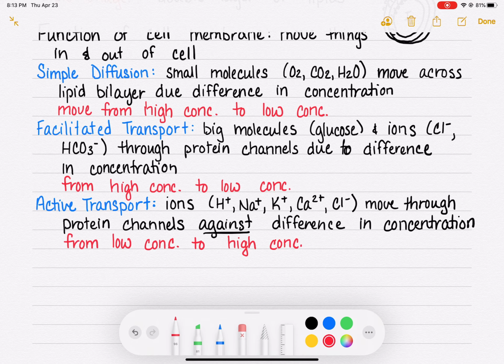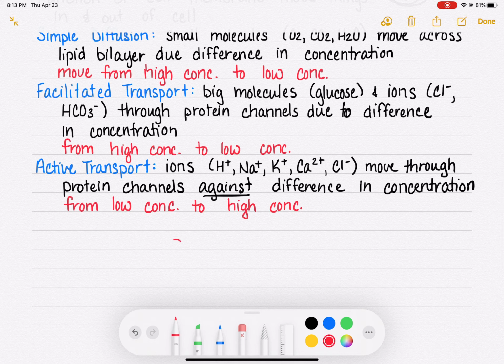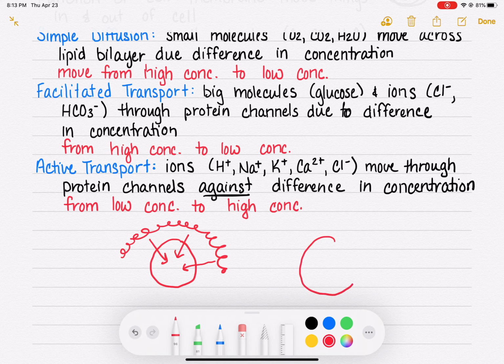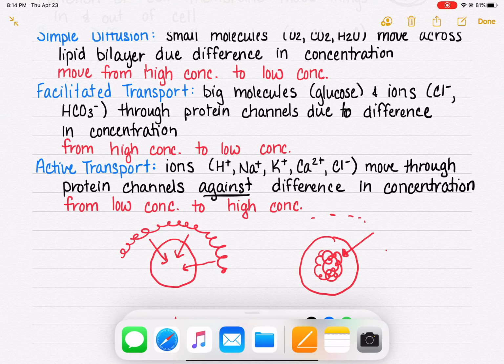With facilitated transport, typically that situation is where we've got a buildup of stuff outside the cell, and we're moving stuff into the cell just to kind of equalize the concentrations in and out. With active transport, we have a buildup of stuff inside the cell, let's say sodium ions, but biologically or metabolically, we need more sodium ions to come into the cell, even though there aren't very many out here. And so our body has to push those ions into the cell, even though Mother Nature doesn't really want it to go in.